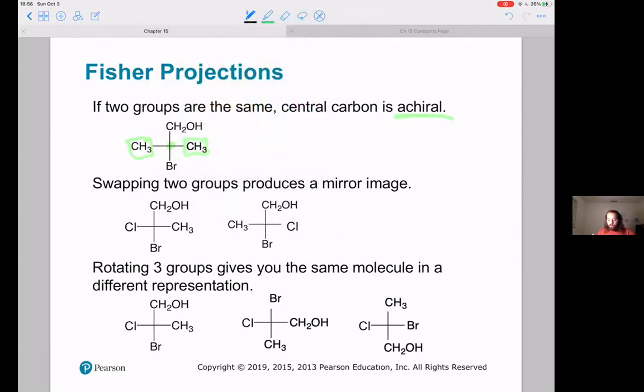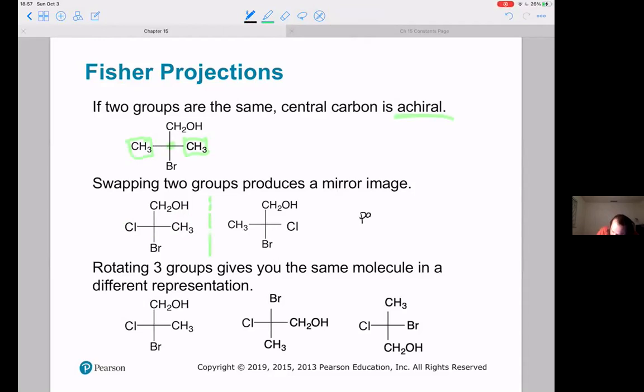Okay, so if two groups on a Fischer projection are swapped, and they're almost always going to be in this horizontal bar here where they're swapped, although it doesn't really matter which two positions, nonetheless, if those two positions are swapped, then that produces the mirror image, right? So these two molecules here are mirror images of one another. Does anybody remember the fancy name that we put on that pair of molecules?